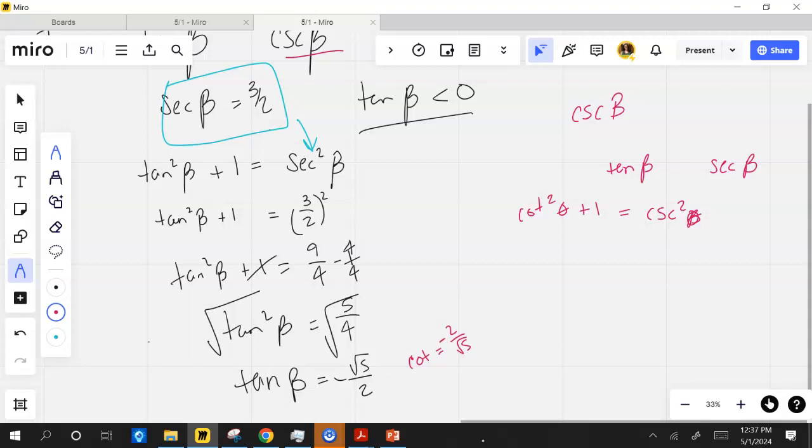It's still negative, right? But when I square it, and I'm not even rationalizing the denominator here because I'm getting ready to square it, because when you square a radical, it cancels and goes away. So this ends up being 4 over 5 plus 1 equals cosecant squared, which is 9 over 5.